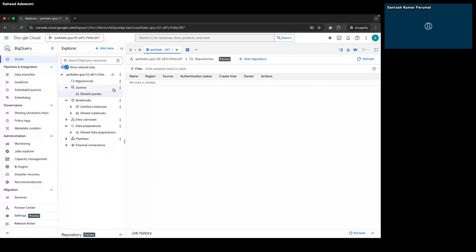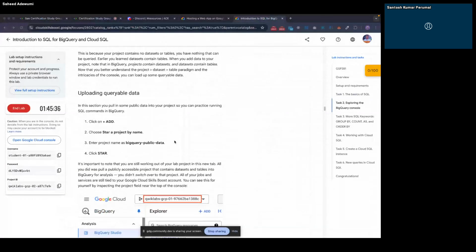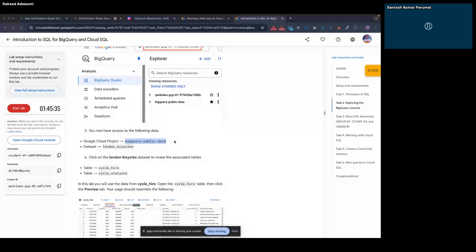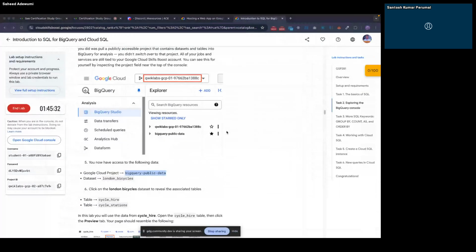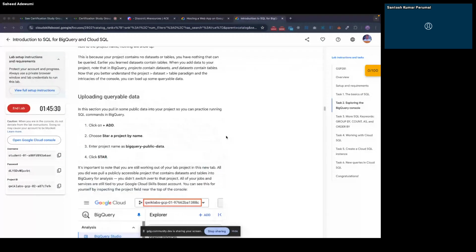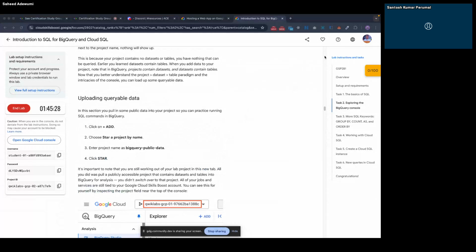Okay, I think we can proceed since we don't have the BigQuery data. Most of the time, if you are doing your lab and you have this type of challenge, you can click on the top hand side, and at times you can find customer support and reach out to them, and they can fix it for you.